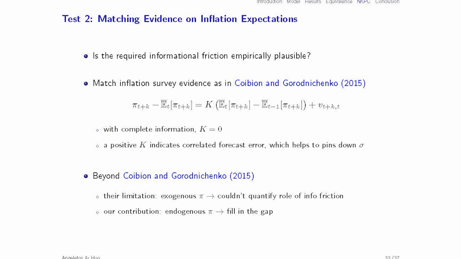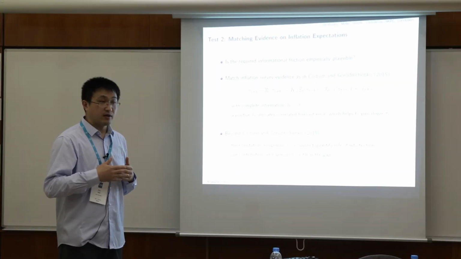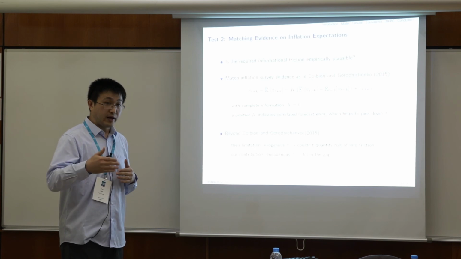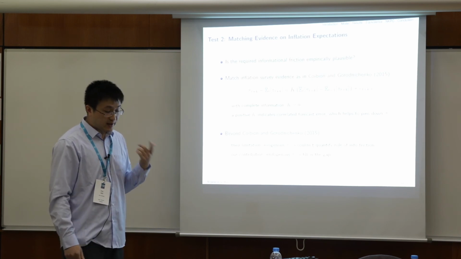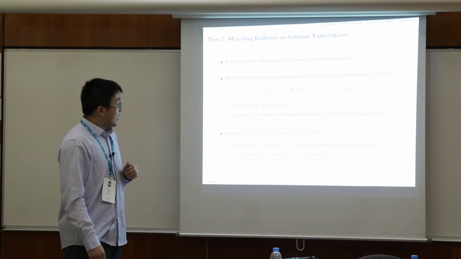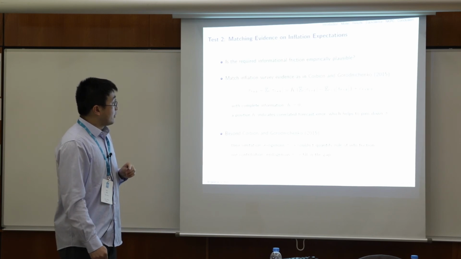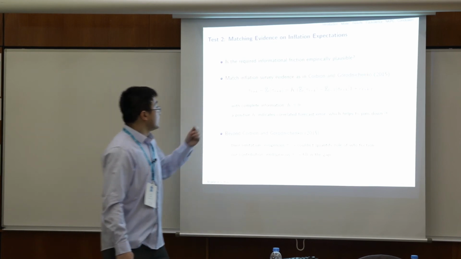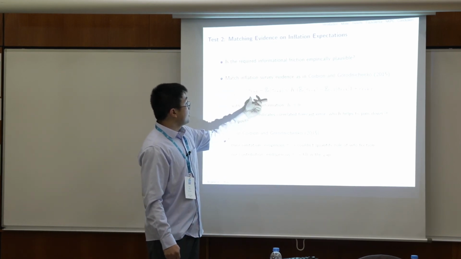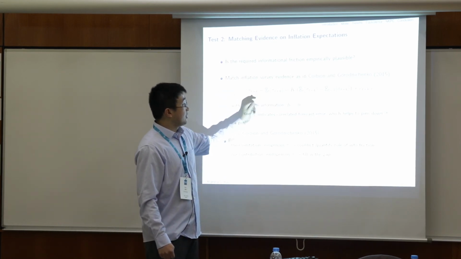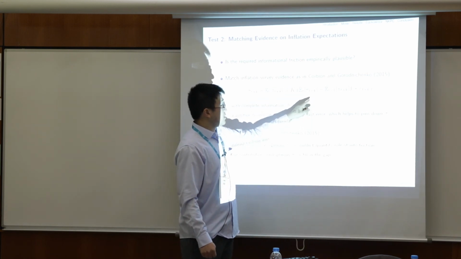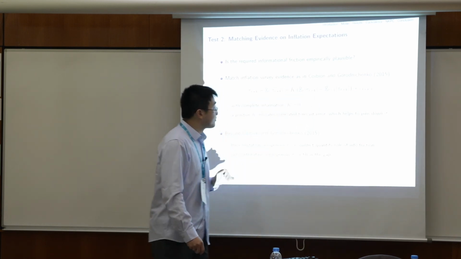We're going to use the inflation expectation survey data. In the Survey of Professional Forecasters, they ask people, what is your forecast about next period inflation, one year ahead inflation, and so on. They're going to make some forecast error. And particularly, Coibion and Gorodnichenko run the following regression, where on the left-hand side is the forecast error and on the right-hand side is the past forecast revision.